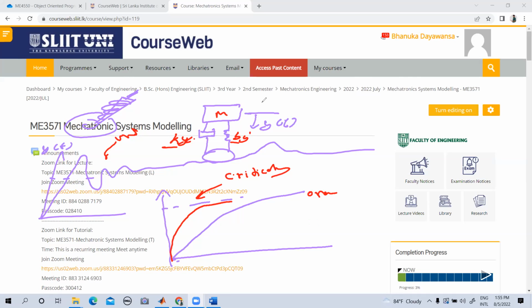Based on the order, it can be a first order differential equation with one derivative order, or a second order differential equation with a second derivative order. So based on the differential equation's format, you can call the system a second order model or a first order model.